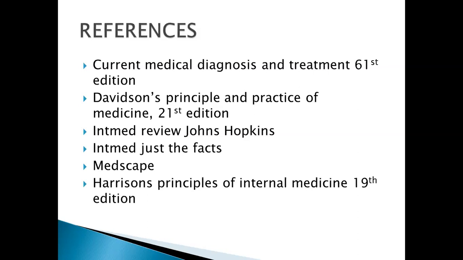Together with the air trapping is the loss of the elastic recoil of the alveoli. And then we know there's chronic obstruction of the airways. And in physiology, we understand that during expiration, the airways tend to collapse. So you have a chronic obstruction together with the normal physiology of the airway trying to collapse, with a decreased elastic recoil of the alveoli.